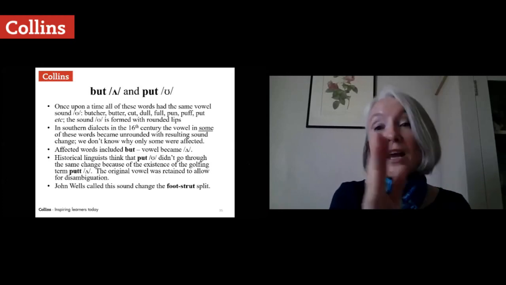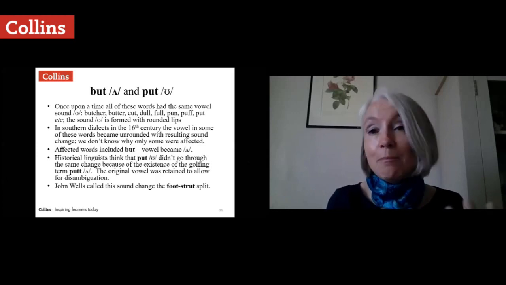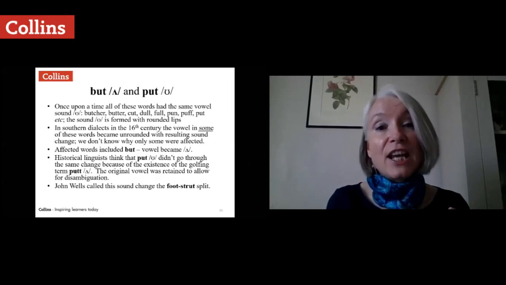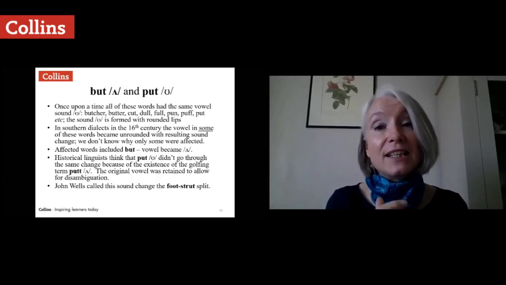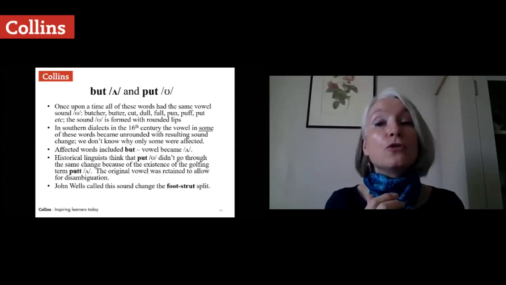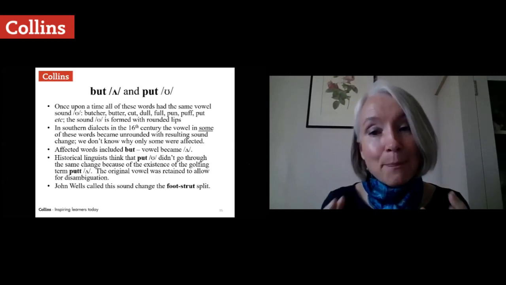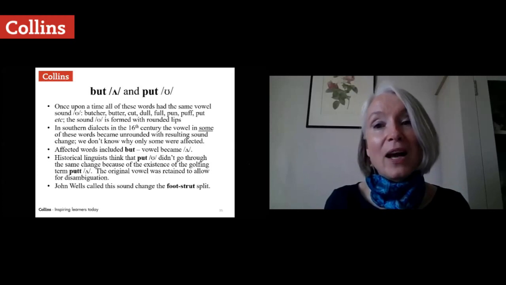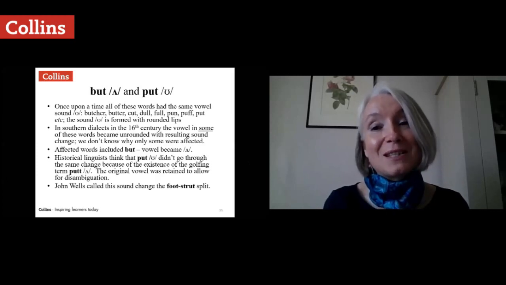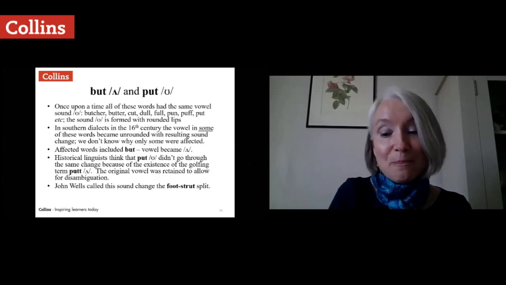Now, when you travel around English-speaking countries today, including the UK, you will hear that in some parts of the UK, this sound change didn't happen. So if you go to the northeast of England again, they're going to tell you that what you spread on your bread is butter, not butter. So it happened in different parts of the UK, and it didn't happen everywhere, and it only happened to some words. So that's the explanation for why it's but and why it's put.